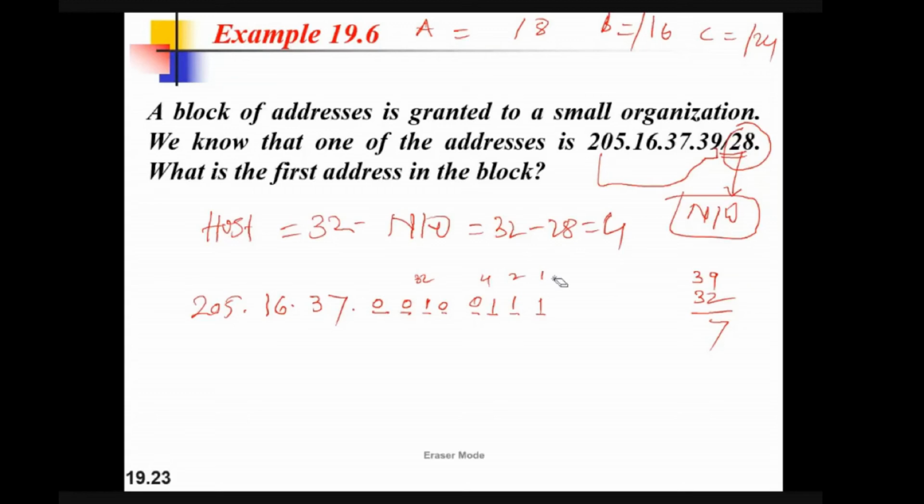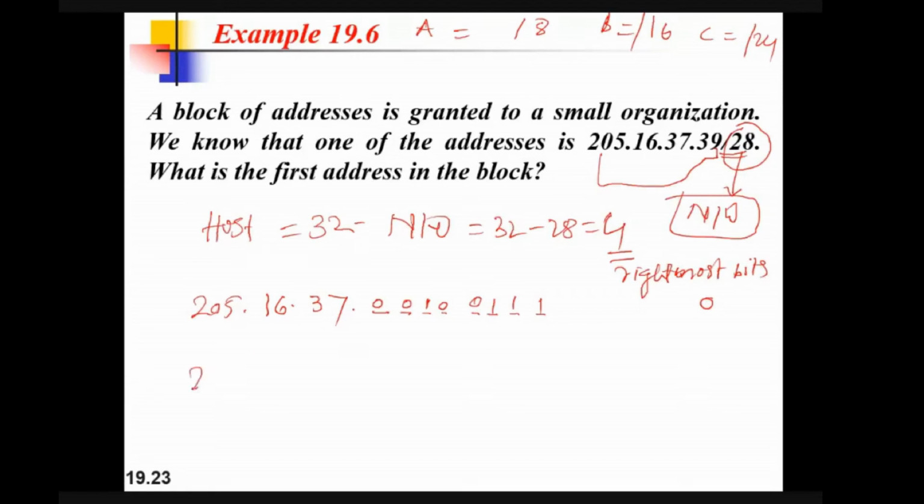So this is a shortcut method. You will adopt this method once you have enough practice. Now, what is the first address in the block? To find the first address in the block, we have to make the 4 rightmost bits 0.